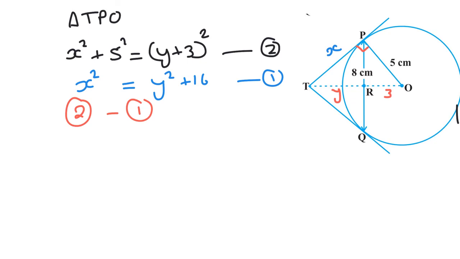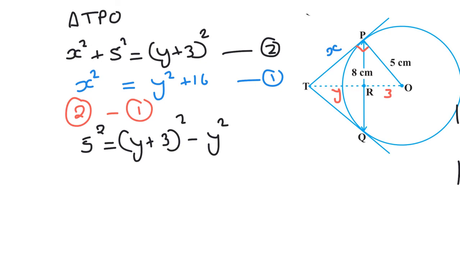So x squared cancels, and 5 squared will be equal to y plus 3 the whole squared minus y squared minus 16, when you subtract them.